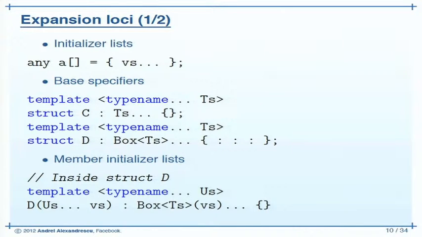And we have this guy here and maybe want to initialize it. Well, guess what? You can actually expand inside the member initializer list. So imagine we're inside the struct D, and we say template type dot, dot, dot, U's, which is a different thing. And we have D taking U's, and it forwards them to box of T's dot, dot, dot. So this is going to expand nicely.